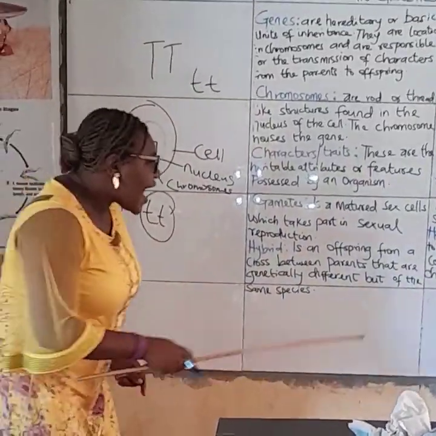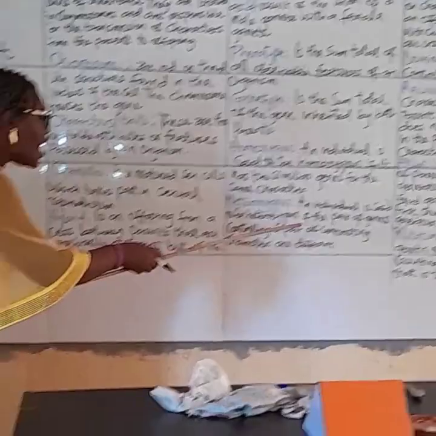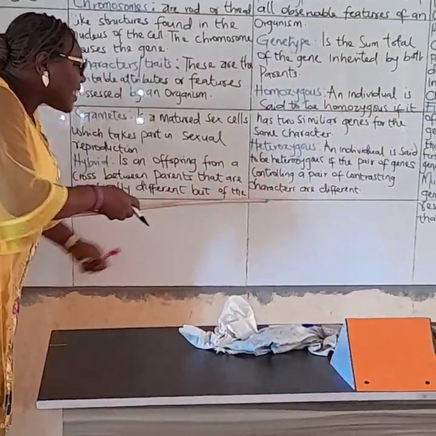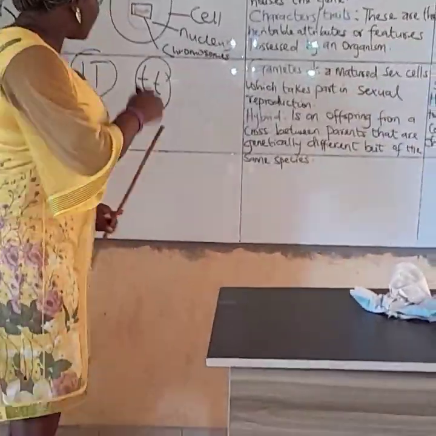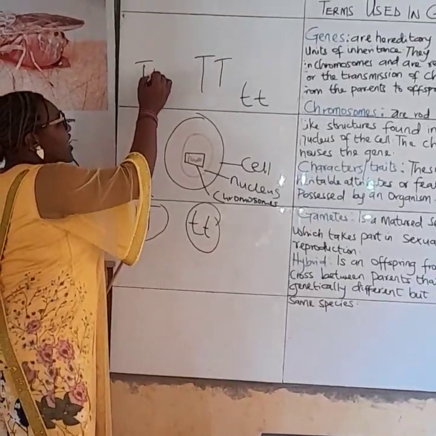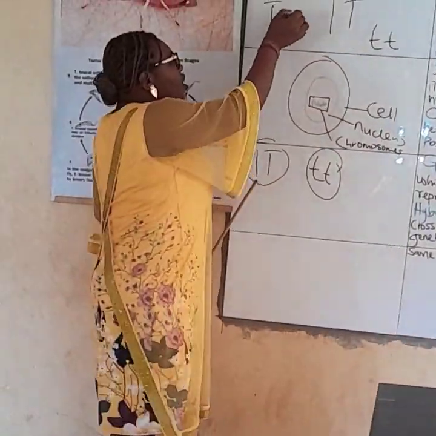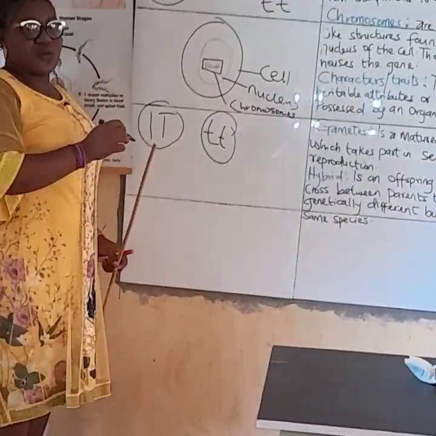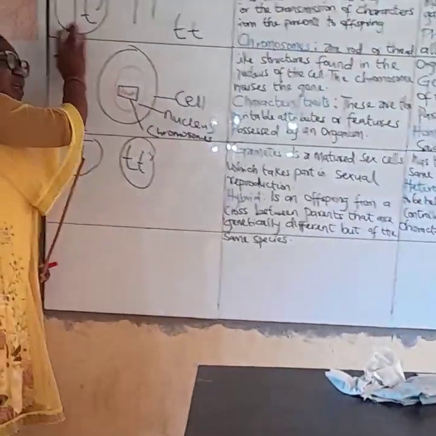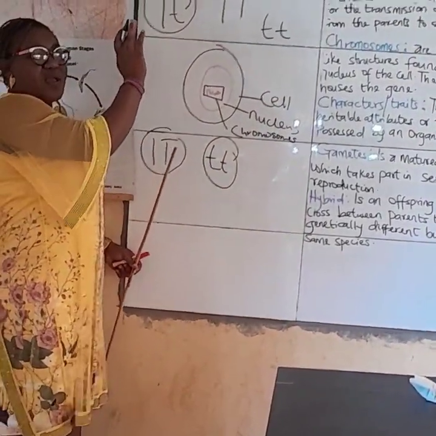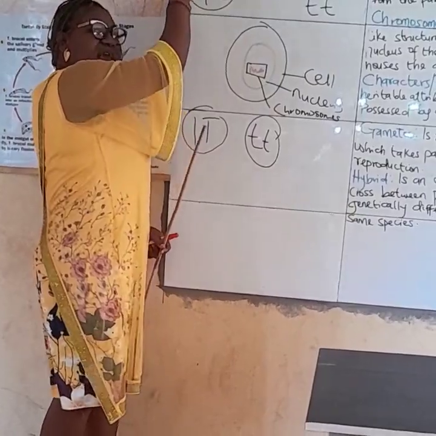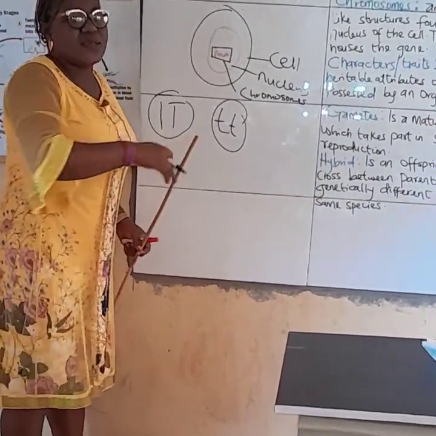But when they have a pair of contrasting characters, that is capital T and small t, it becomes heterozygous. You see that they are not the same. We have the uppercase T and the lowercase t.